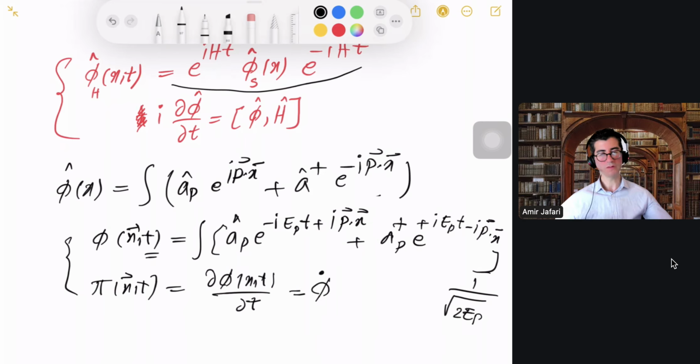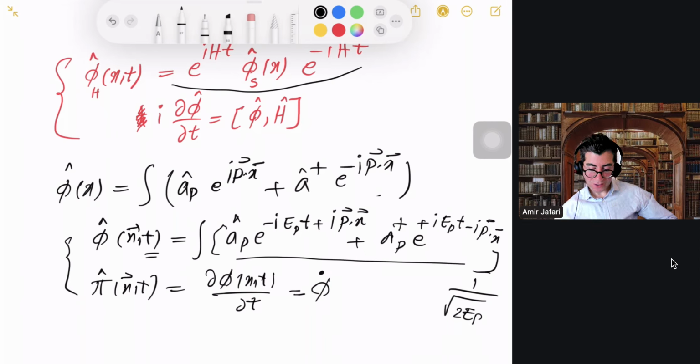The point is that when you work with the time-dependent field and its conjugate momentum, you have this expression in which the energy term, ω_p or E_p, comes with a minus sign next to the annihilation operator, and next to the creation operator it has a positive sign. Unfortunately, this is not usually mentioned, but this is very important.